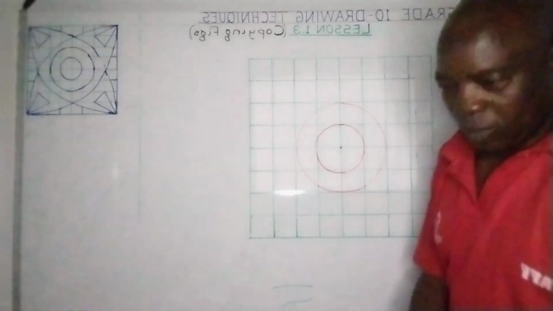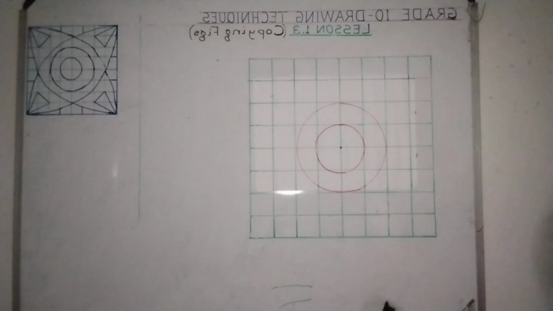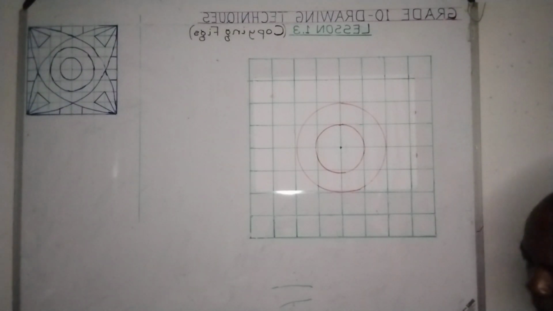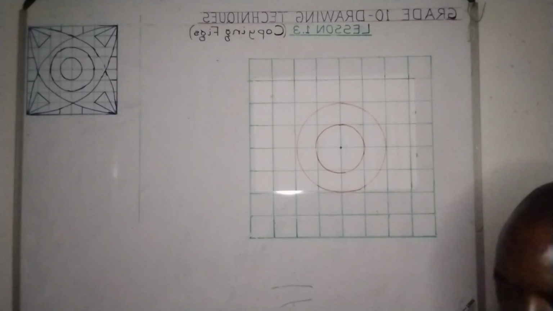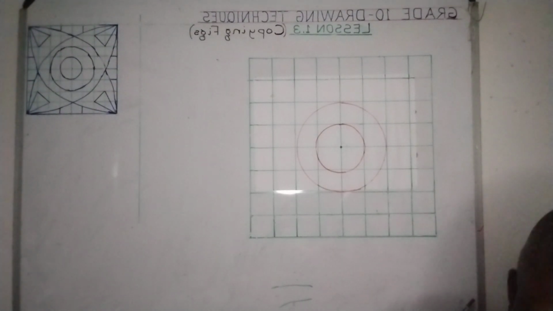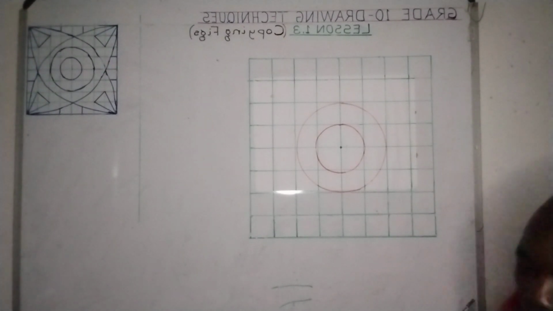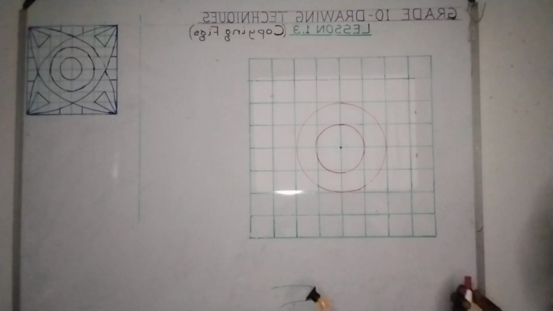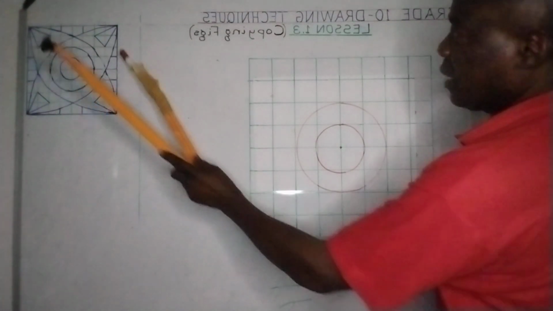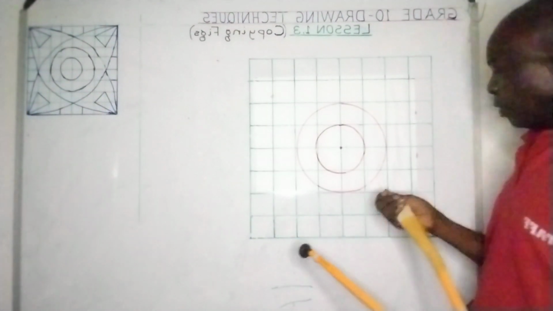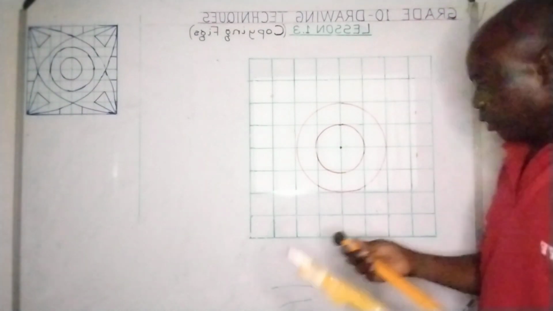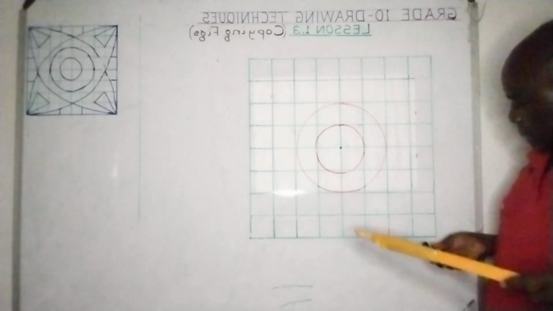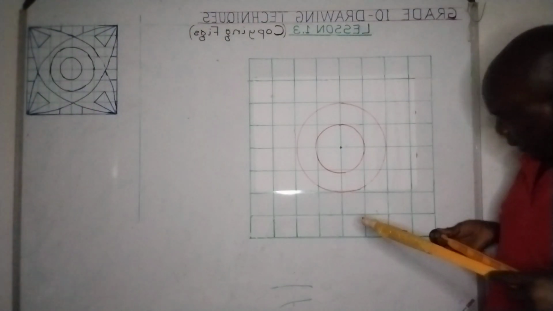And then after that, I'm going to use the corners as the centers for those other arcs. So I'll use each of those corners. This corner is the center for the bigger arc.